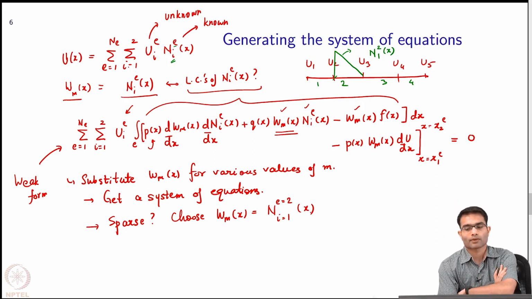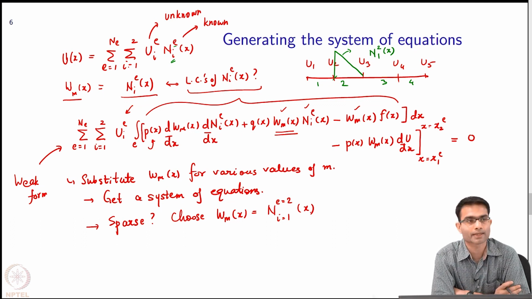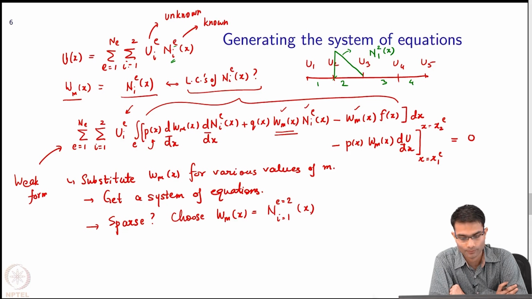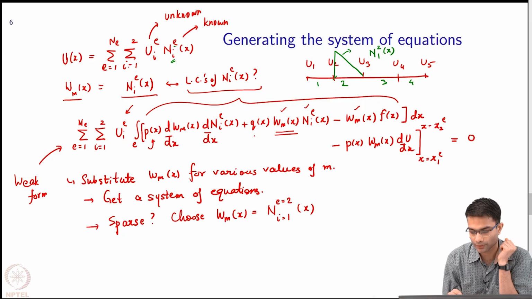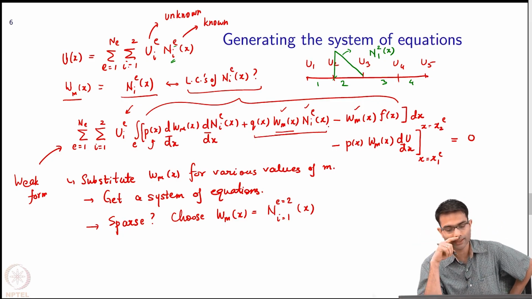Now, can we argue that the system of equations I get is sparse? Let's start with the easy thing, the second term. The second term, Wm(x), what is the domain of Wm(x)?